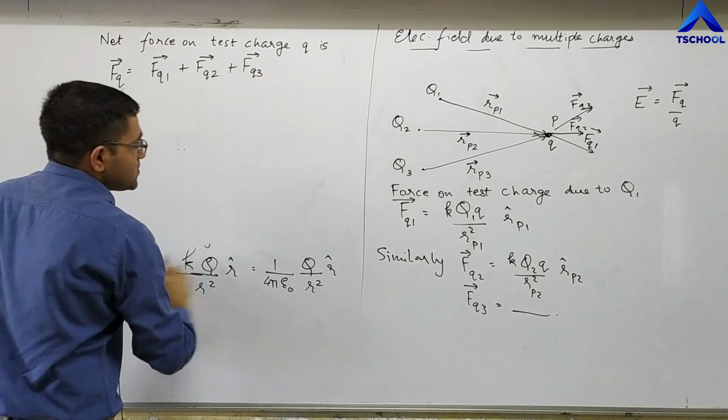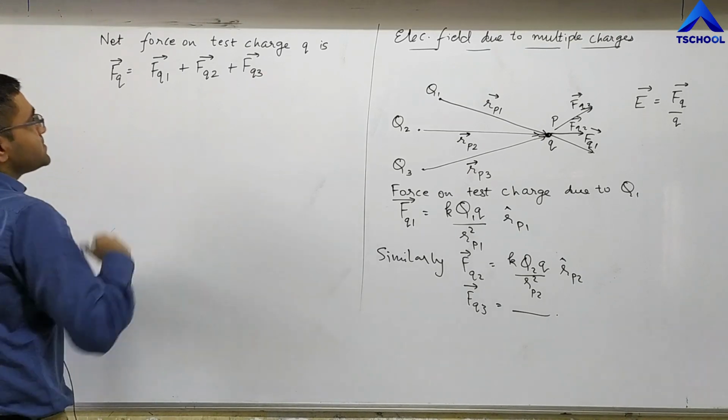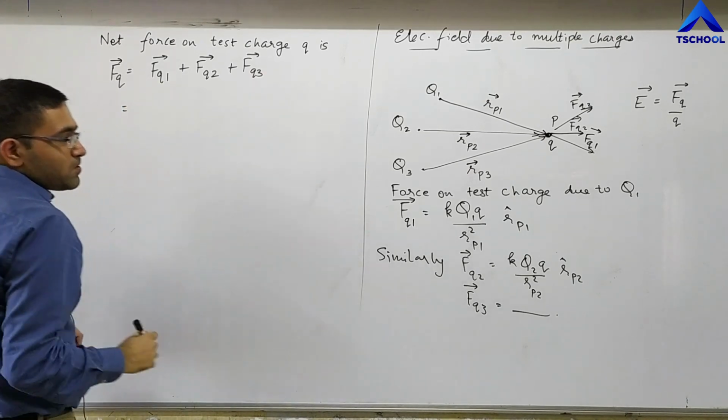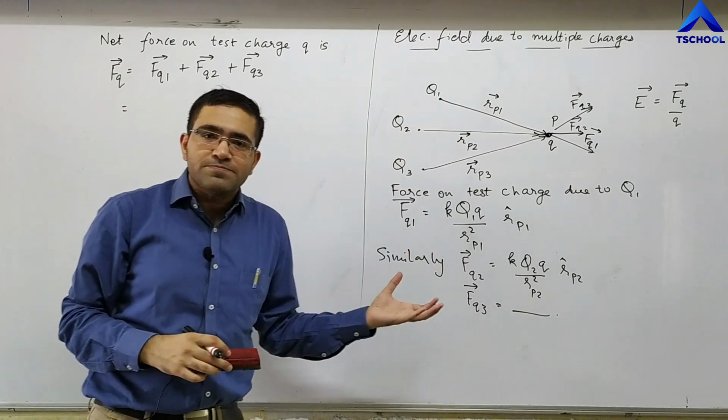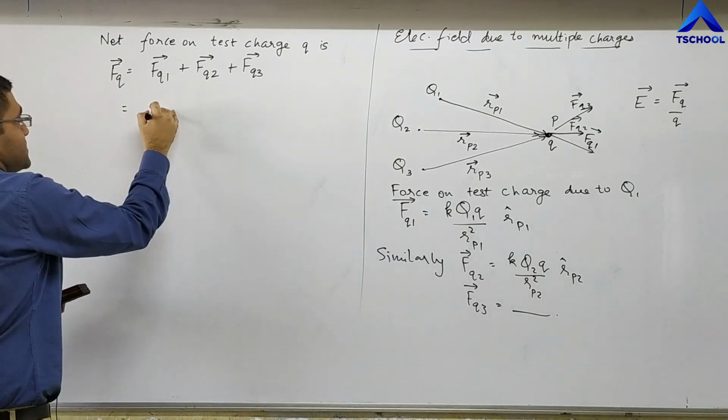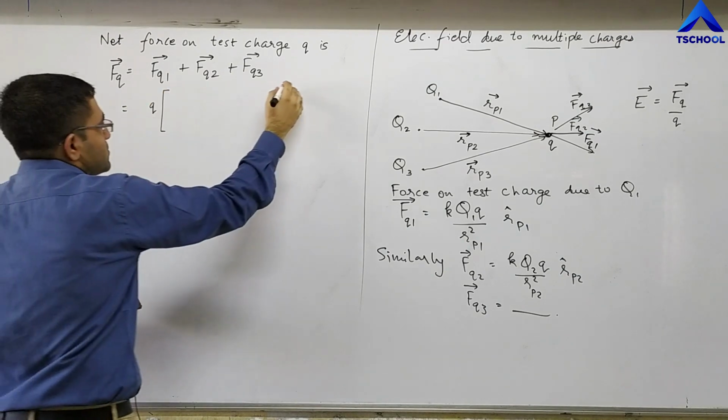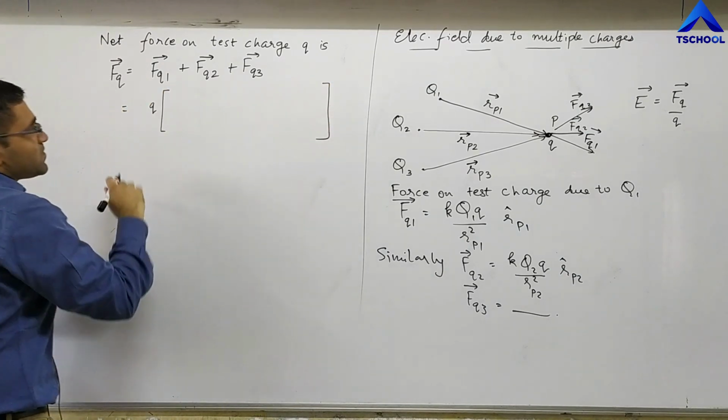And now I'm going to just put in these expressions that we have figured out already, and I'm sure you realize that I can take q common out of the whole expression, right? For the whole bracket over here, q is common.